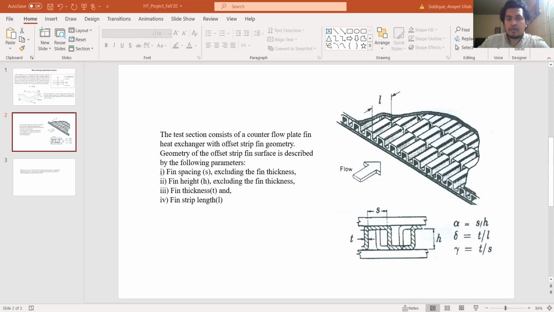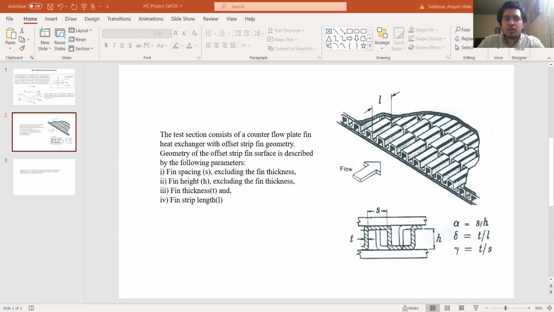Once steady state was achieved for a particular mass flow rate, the air flow rate and the temperatures are accurately measured for estimating the rate of heat transfer and various performance parameters like effectiveness, number of transfer units, and heat transfer coefficient. In order to find the performance of the present heat exchanger, a number of experiments are carried out at different mass flow rates, and a hot fluid temperature of 96 degrees Celsius is used under balanced flow condition.